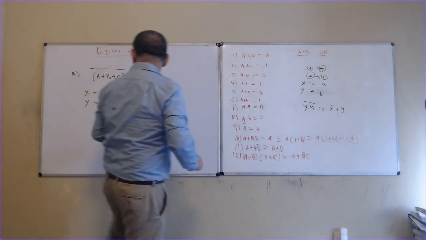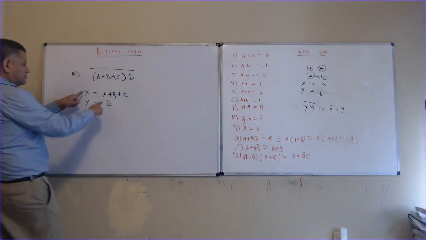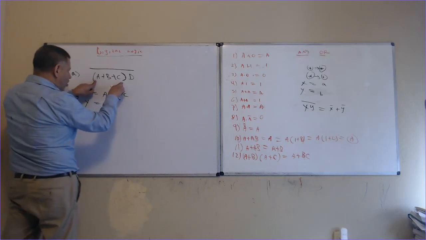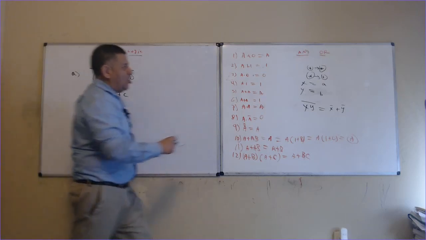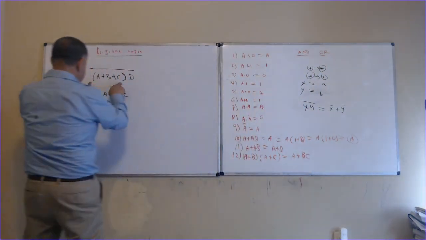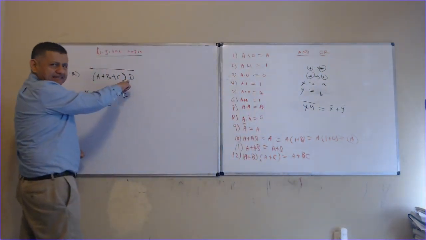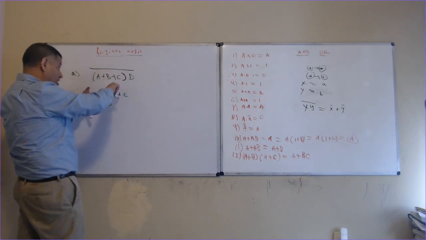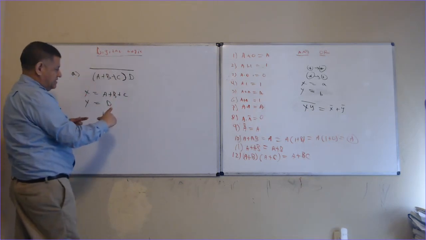What do we have? The whole thing is an OR inside this parenthesis, and this is AND with the whole OR inside that parenthesis.